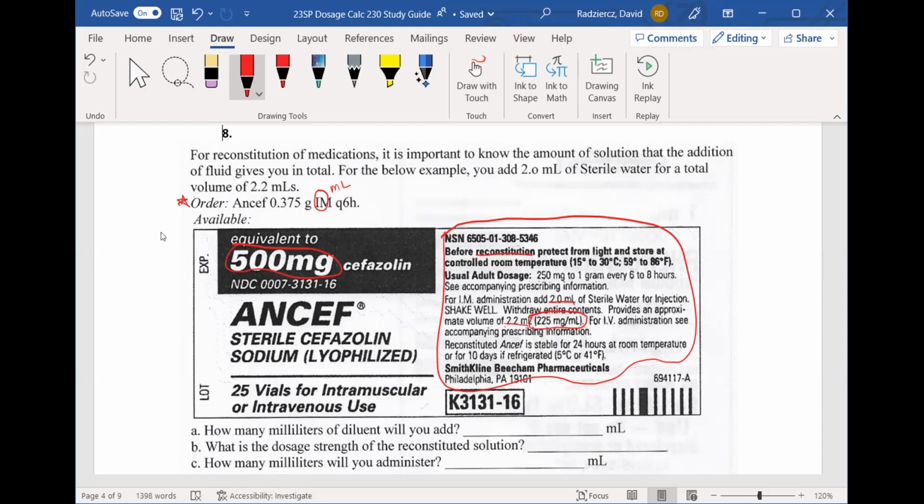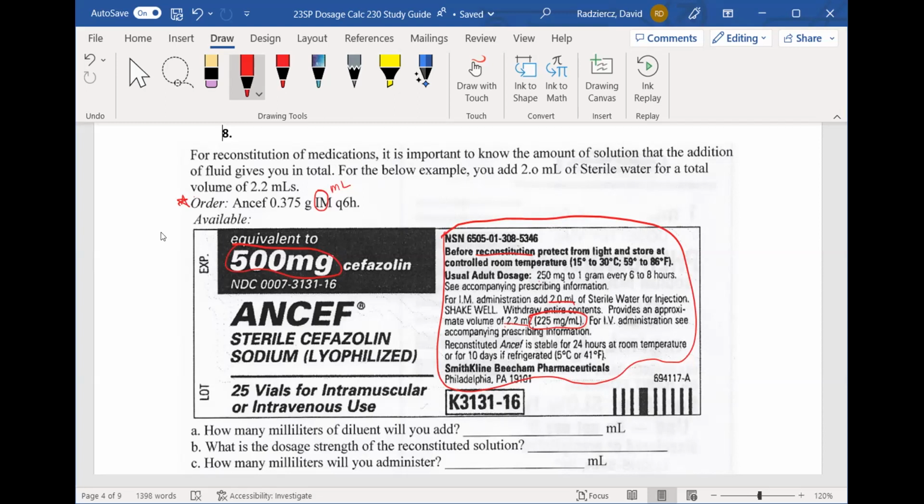So if I take 500 divided by 2.2, I'm going to get 227.3. So you could just round that to 227 milligrams per milliliter. So your answers aren't going to be too far off as far as that's concerned. But the number you want to use for this is the 225 milligrams per milliliter because it's very explicit on the label to use that number.